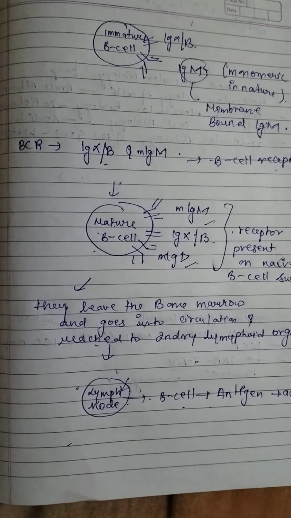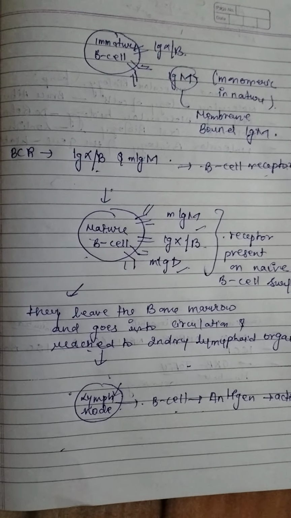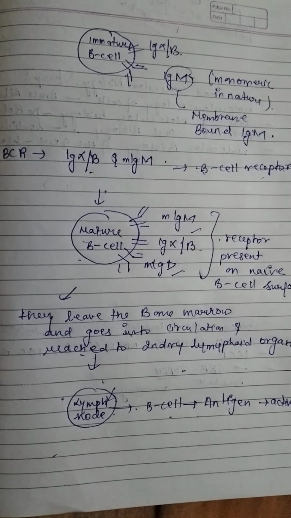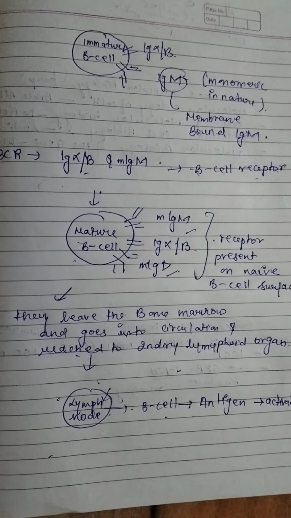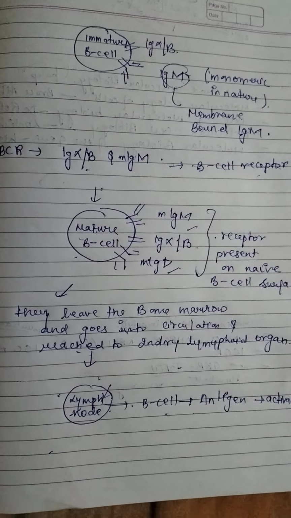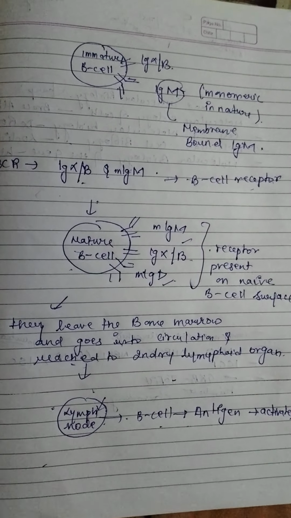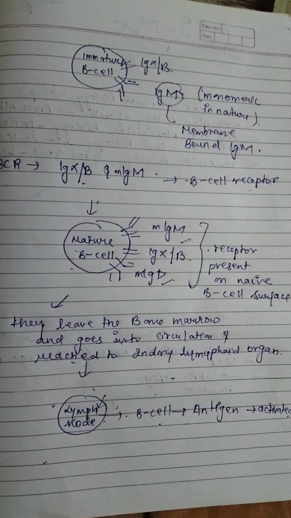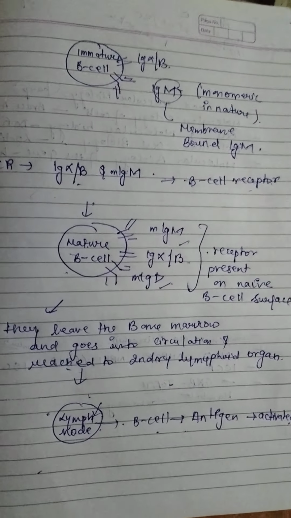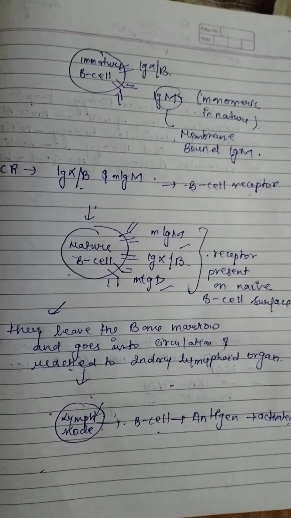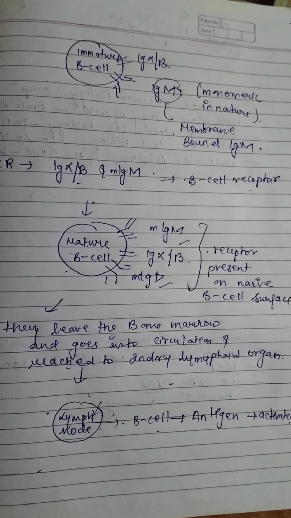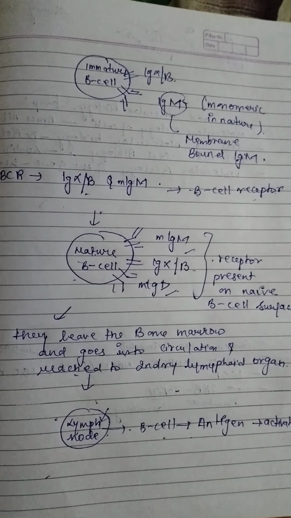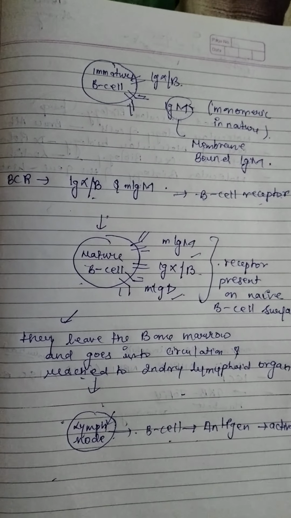After maturation is complete, they leave the bone marrow, go into circulation, and reach the secondary lymphoid organs, which are lymph nodes, spleen. After reaching the secondary lymphoid organs, they encounter antigen, and the B cell is activated.